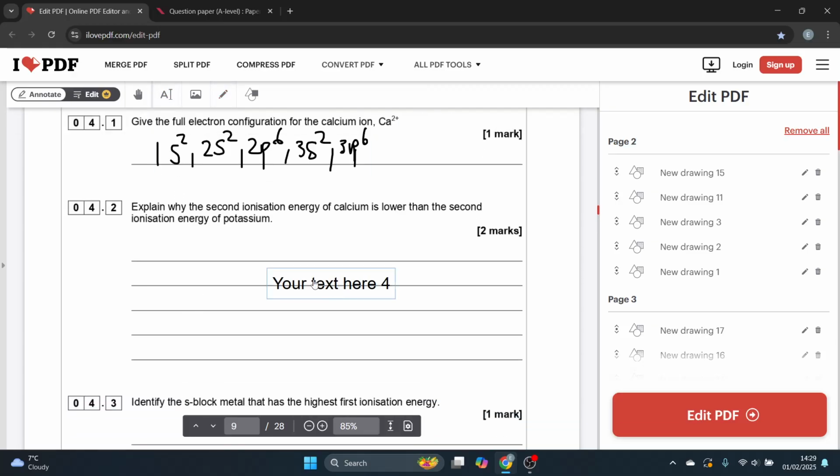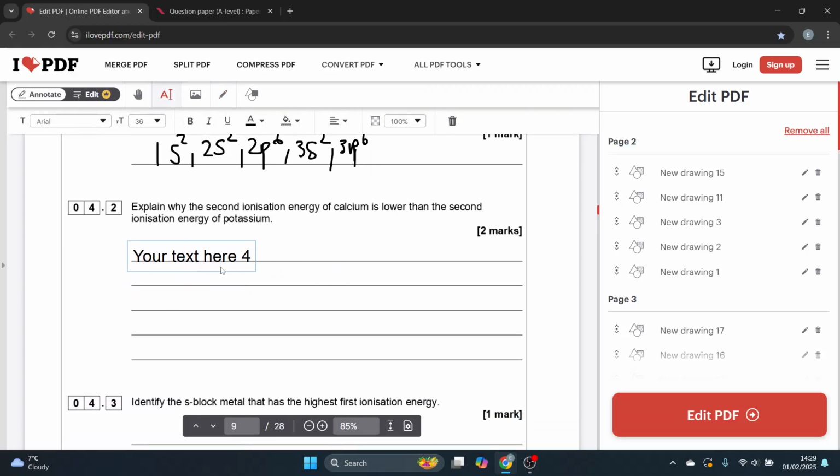So the second ionization energy of calcium is lower than the second ionization energy of potassium. Well, in calcium, the outer electron is further away from the nucleus.